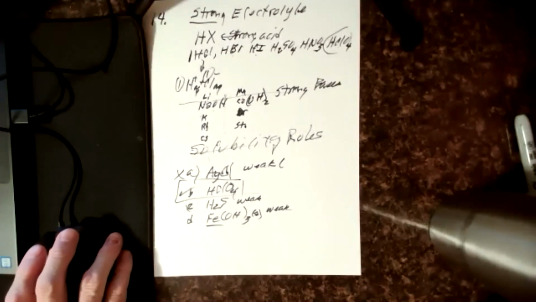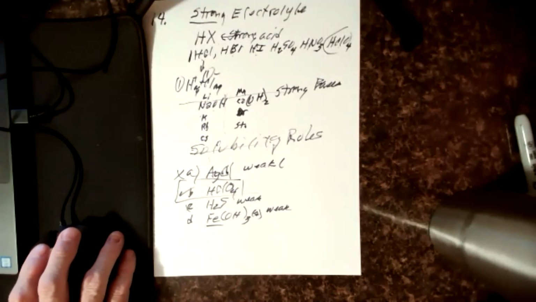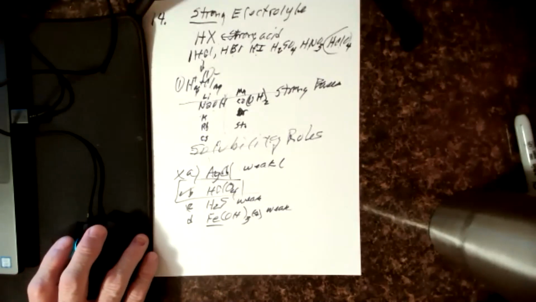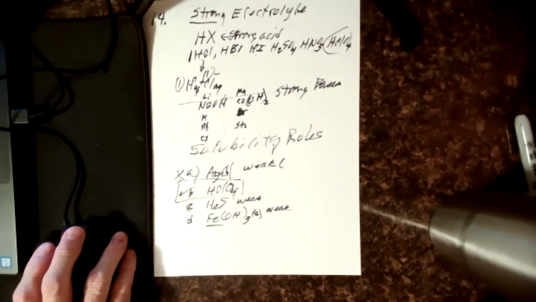If I want to make A happen, then it's a single replacement reaction. Silver is going to push copper out. Now, if that did take place, silver would need to be more active than copper.